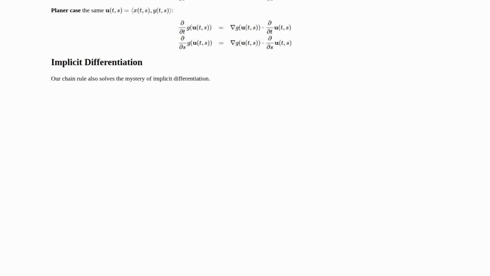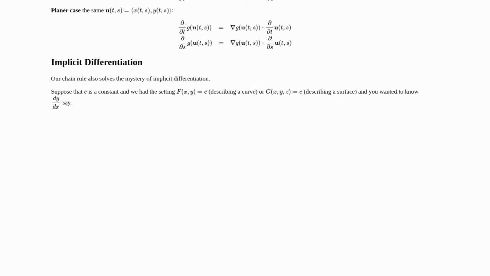We can move on and discuss the use of chain rule to solve the mystery of implicit differentiation. So suppose that we have a constant c and we had a setting where capital F(x,y) is equal to c.